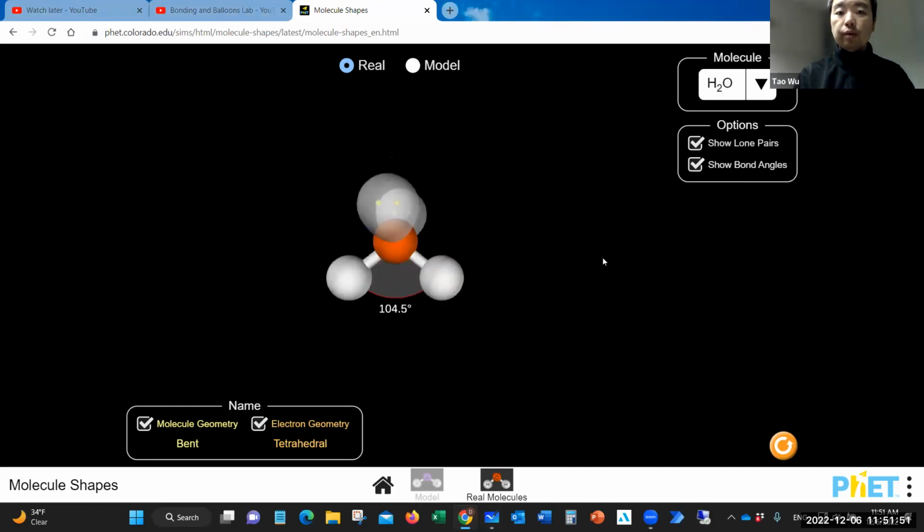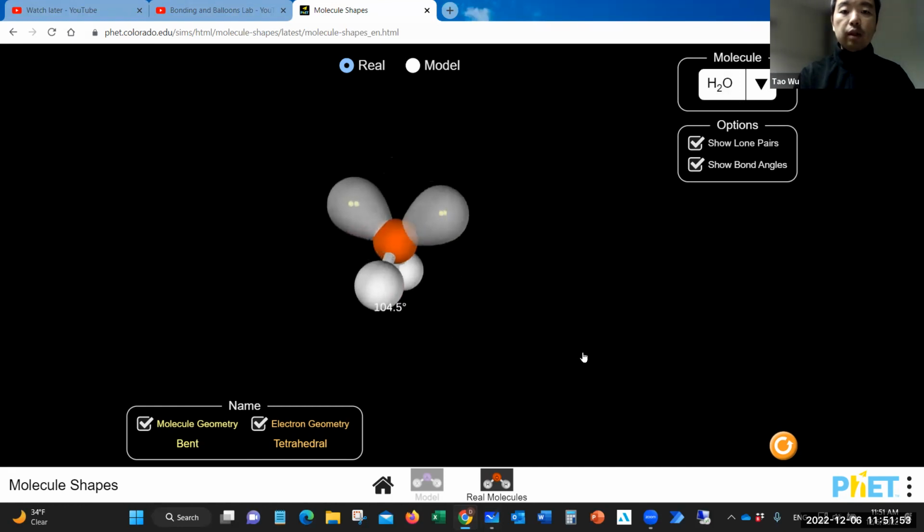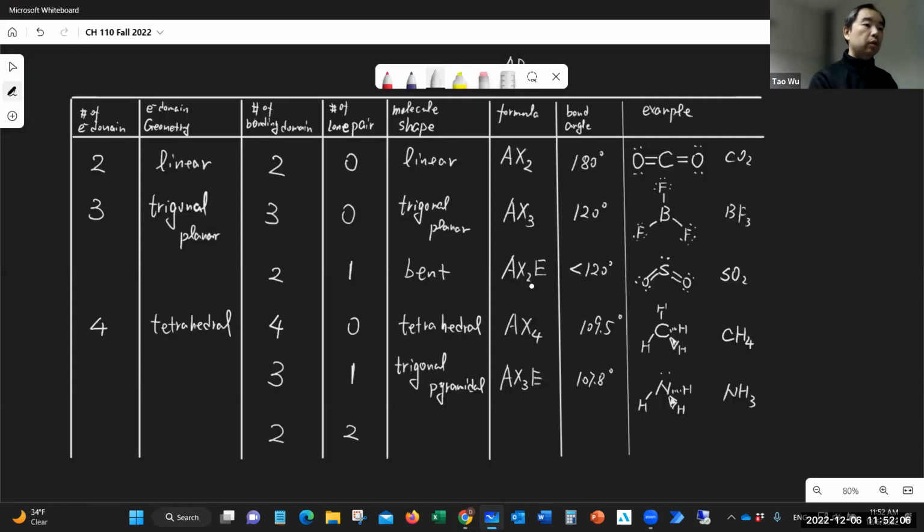Let's see water. Water has an oxygen in the center, 2 hydrogens, and also 2 lone pairs. Remember, when we draw the water molecule, this is what we draw, right?